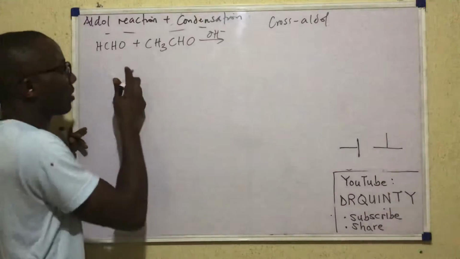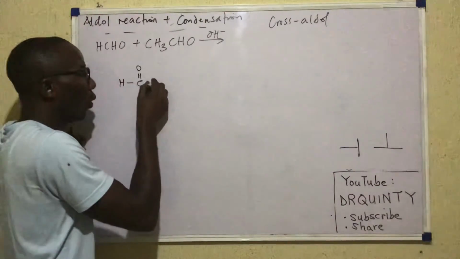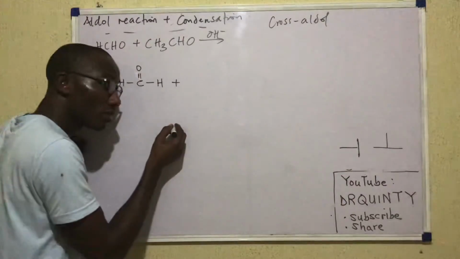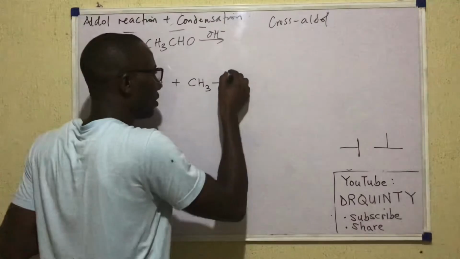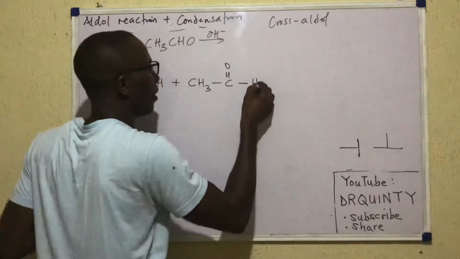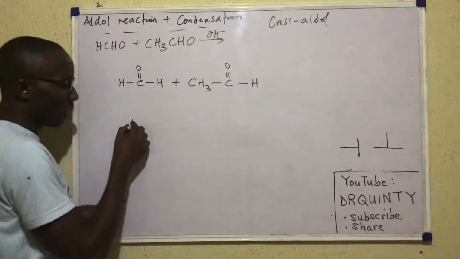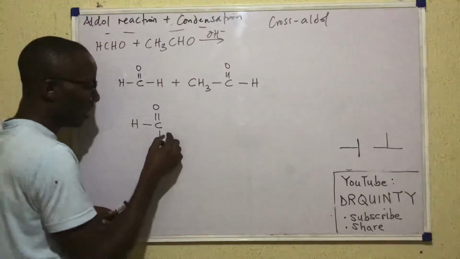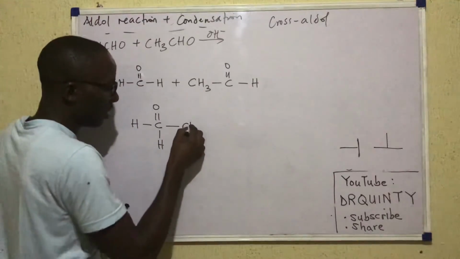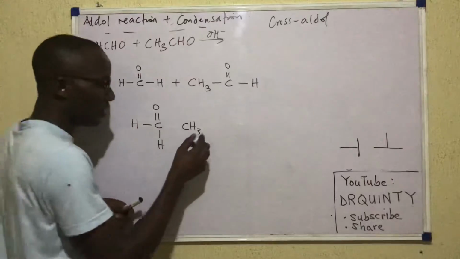So in this case, I'm going to write H, C, O, and H plus CH3, CHO. So if these 2 things were to react, if we use that arrangement, we have H, we have C, O, and H. Then CH3, sorry, I've written one, so let's write the other one first.